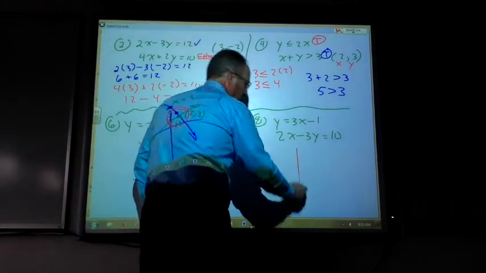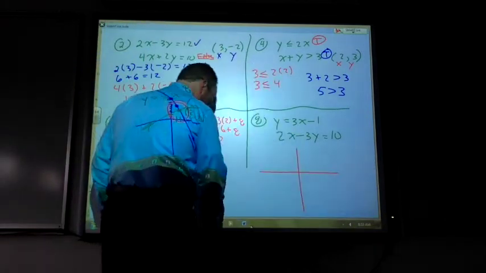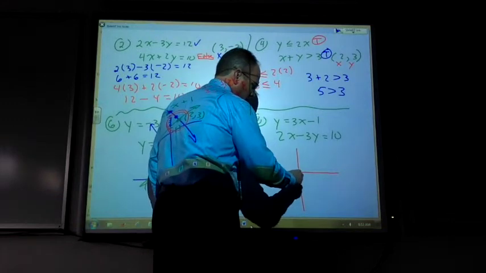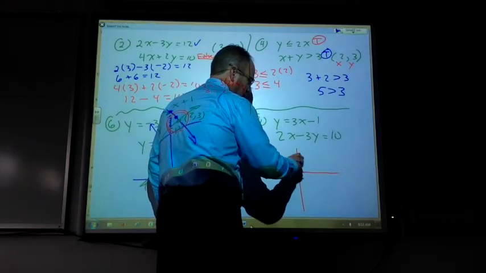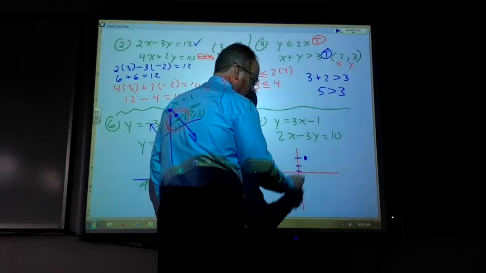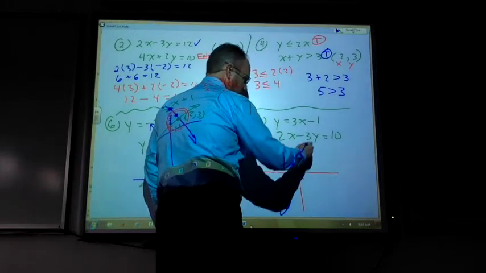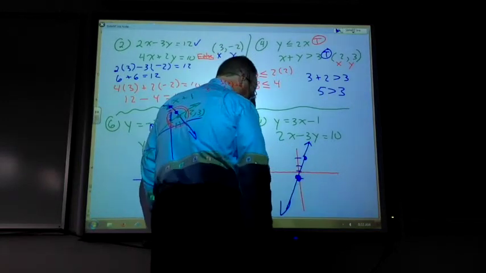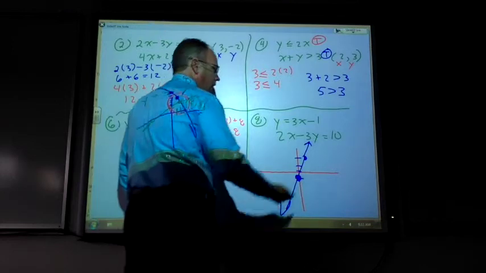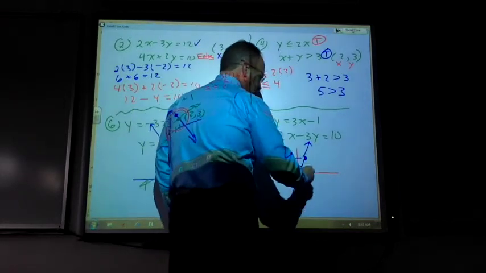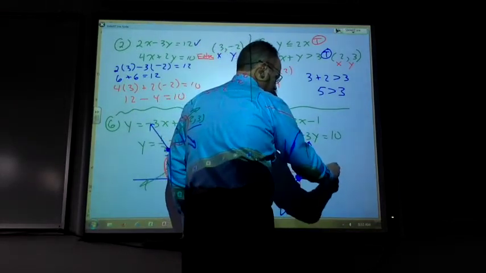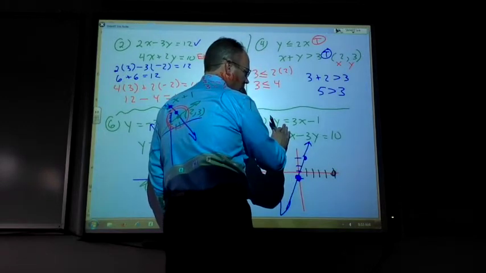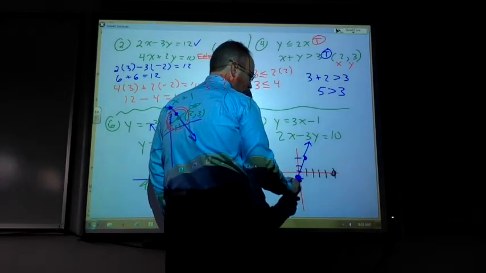Okay, number 8's really kind of a goofball thing. I mean, the first one's not a horrible one. I'm going to get this and then go up 3 and over 1. You missed the dot, just make the dot bigger, right? All right, and then if I do the cover method, x is 5. And then y equals negative 3 1/3.